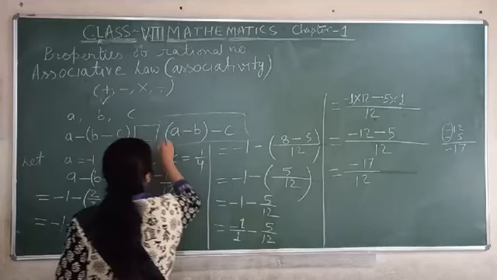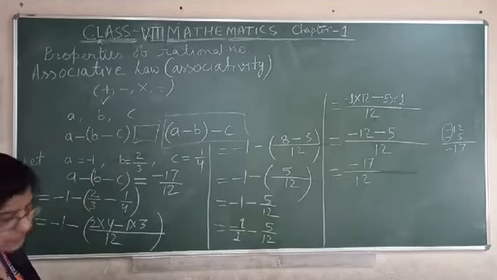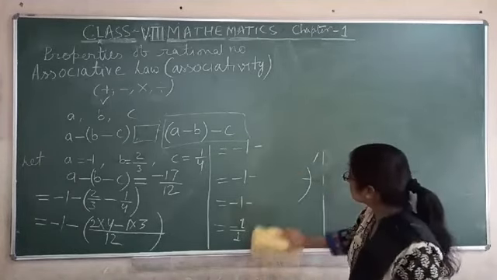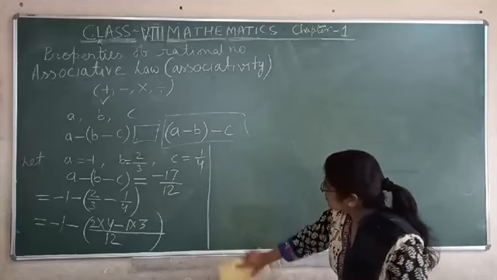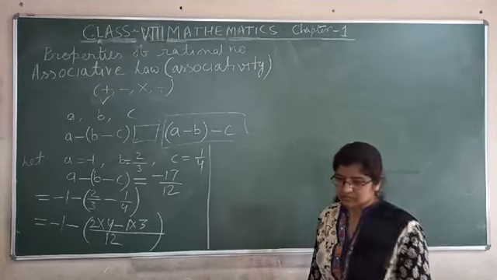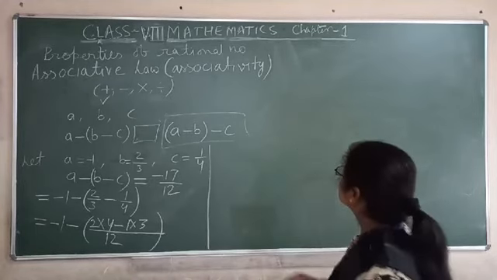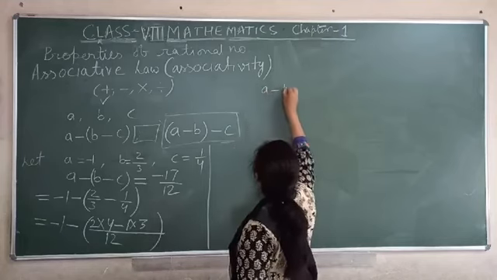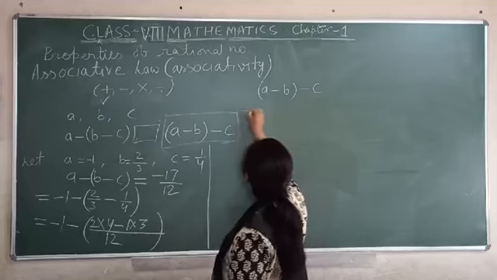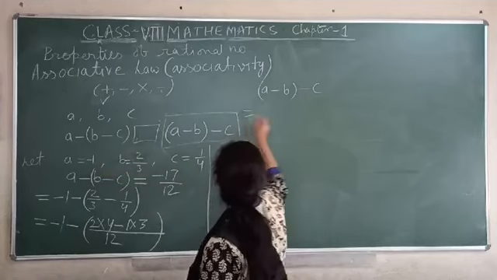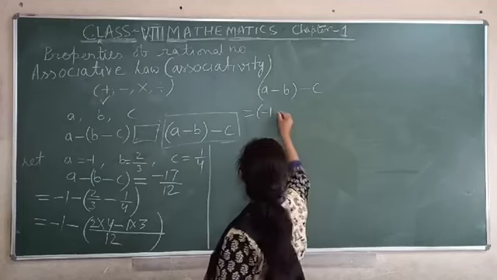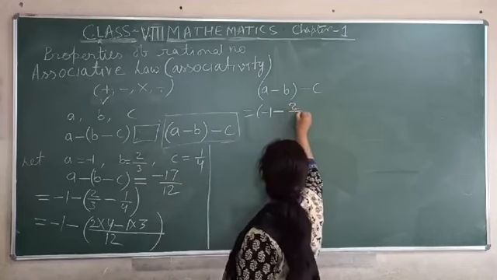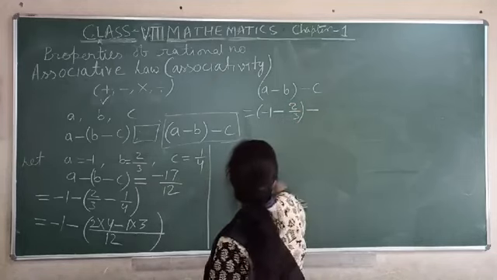Now we will check for this one. So look, A minus B within bracket minus C. A equals minus 1, B equals 2 by 3, minus, and C is 1 by 4.